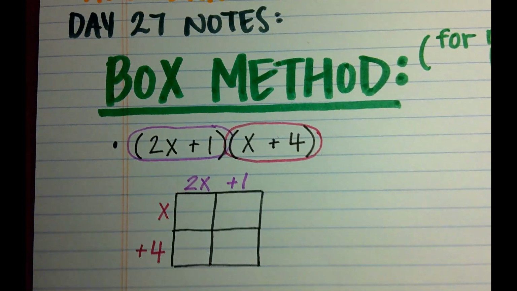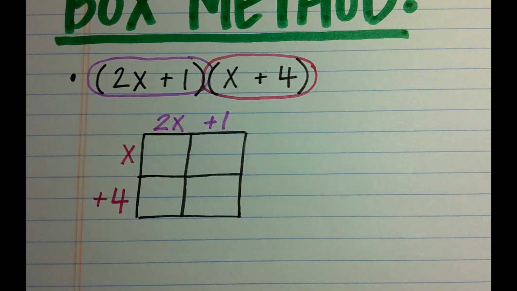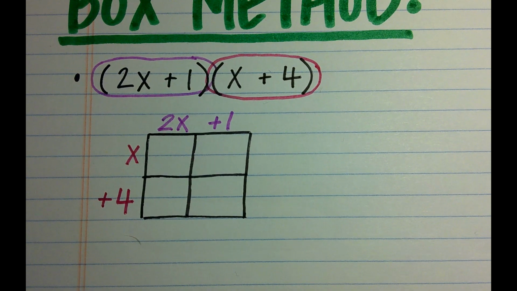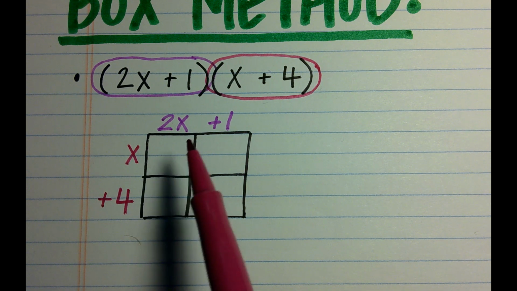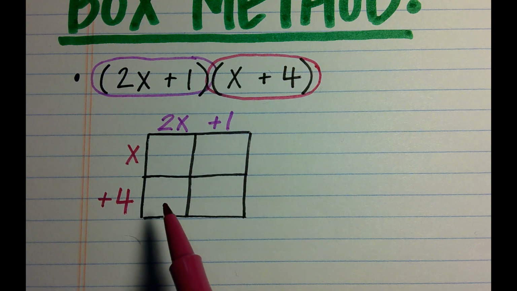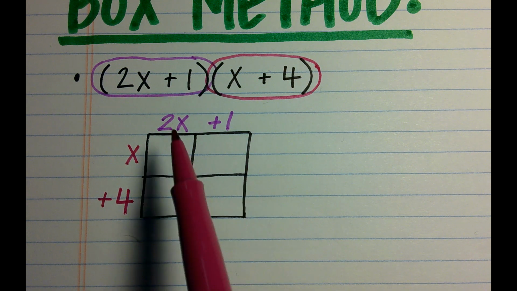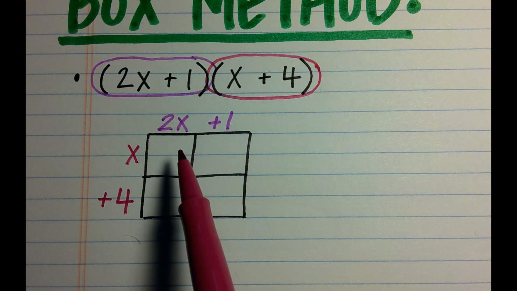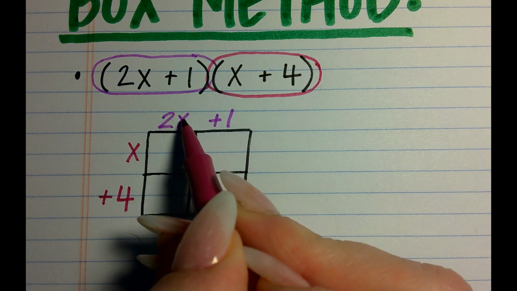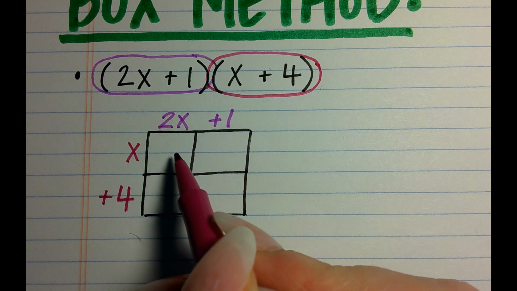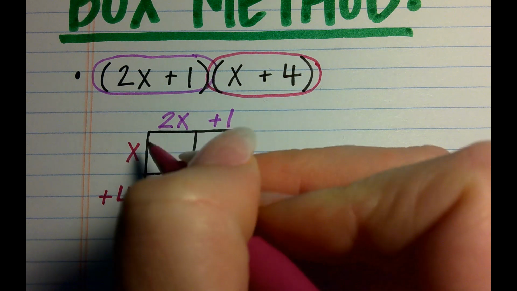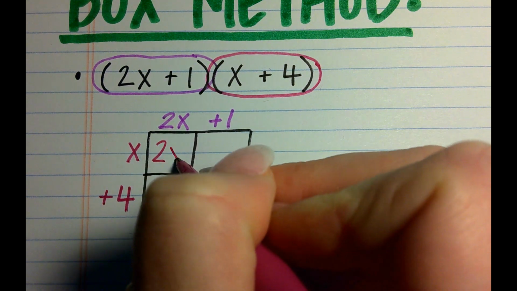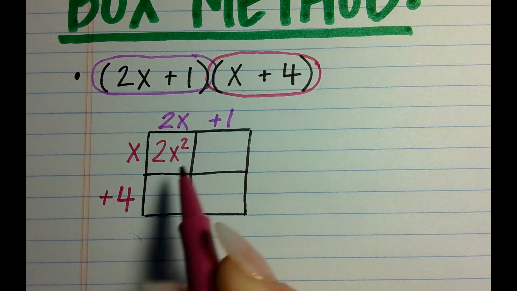And we're going to take that method over to our box here. I'm going to start top left-hand side and go to the right and then the bottom over. Right here, I am multiplying 2x times x. What is 2x times x? 2x squared.